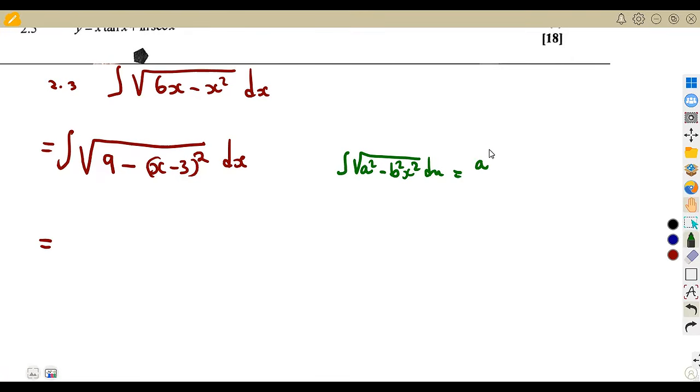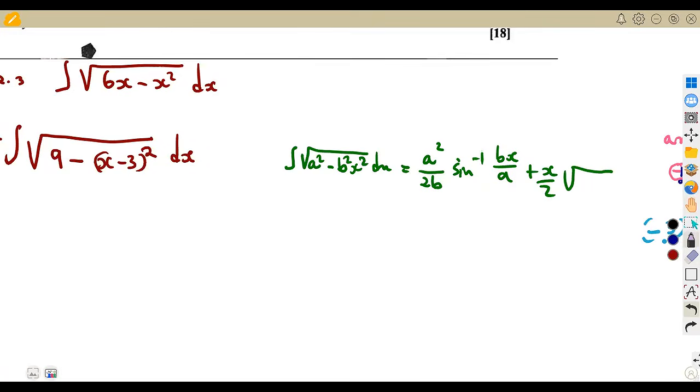Check on page 4, guys. Arc sine of bx over a, plus x over 2 times the square root of a squared minus b squared x squared, plus the constant of integration. This is the formula that we are supposed to use.